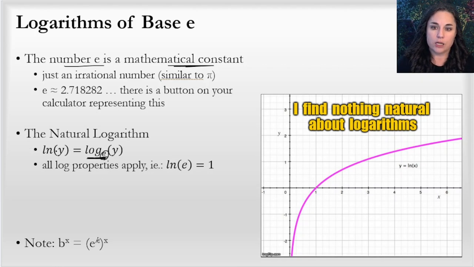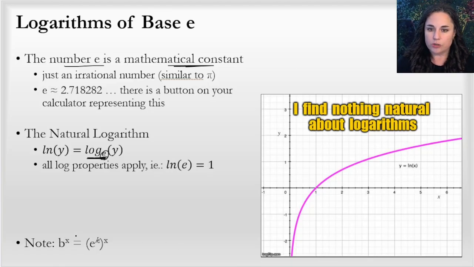So we do not represent it as a log base e. We represent it with an ln. To me that stands for log natural. It's a natural number, so we get a natural log out of it.